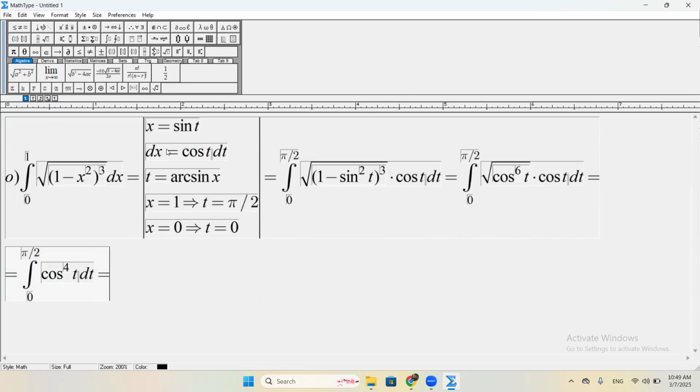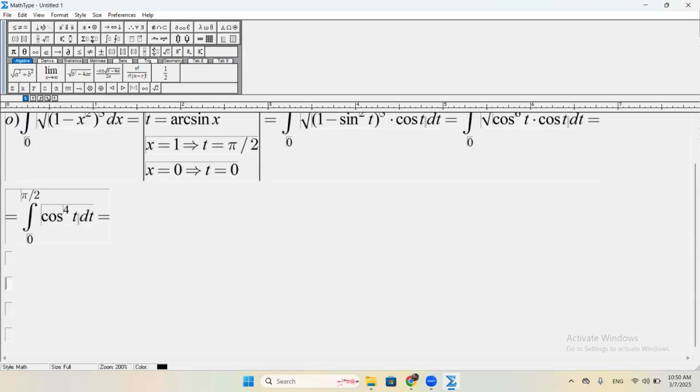Okay, and now we will use formulas of degree reduce. So let me remind you the formula of degree reduce for a square of cosine. So it equals 1/2, 1 plus cosine of 2t. So doing the same.